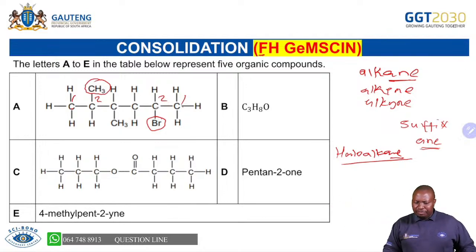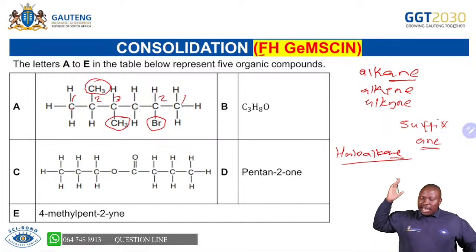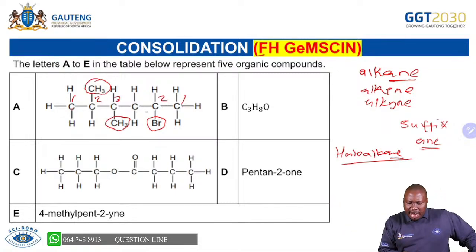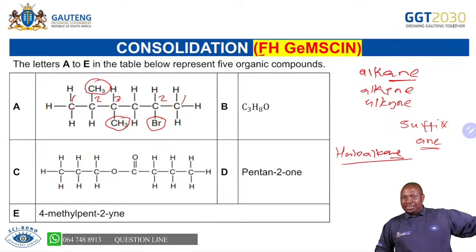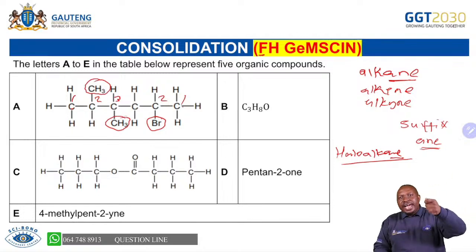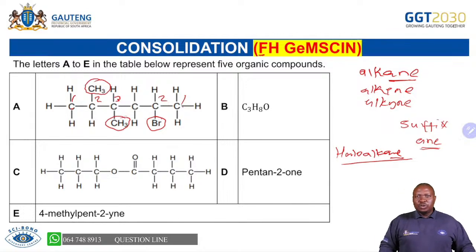Let's go to carbon number 3, for example. When we check carbon number 3 from the left, we have a methyl. But when we check carbon number 3 from the right, we have nothing. We have no substituent there. So now the most substituted site is the one on the left. Hence, it will be preferred when you are numbering. I want you to understand that.